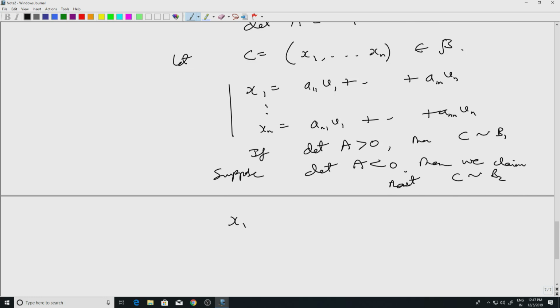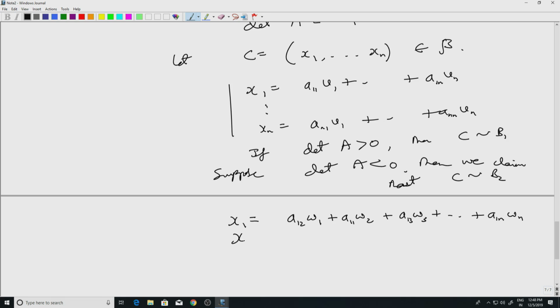So x1 equals, now for B2, V1 and V2 are switched. So I would have to write it like this: A12 W1 plus A11 W2, and the remaining terms are the same. So that would be A13 W3, etc., up to A1n Wn.